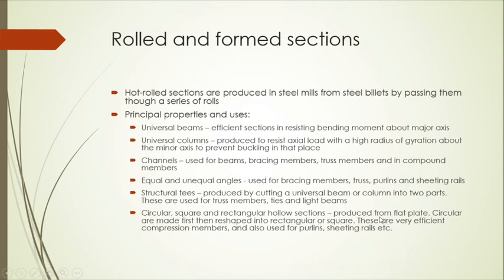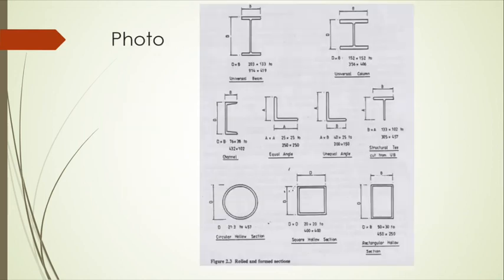A circular, square, or rectangular hollow section is produced from flat plate. The circular ones are made first, then reshaped into rectangular or square. So these are very efficient compression members, and are also used for purlins and sheeting rails.